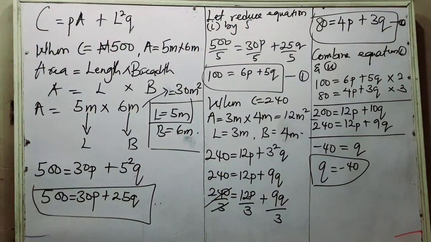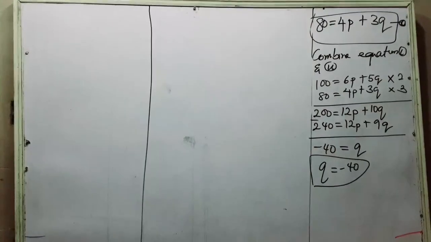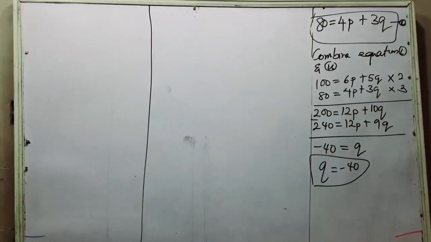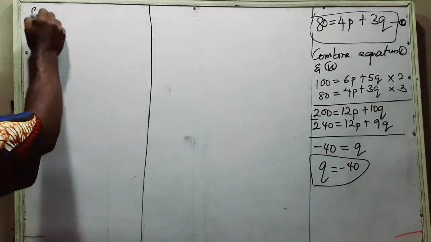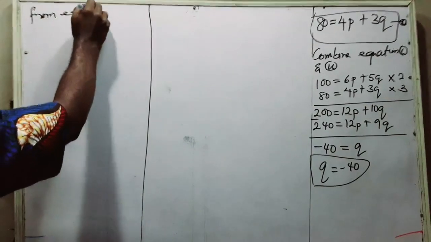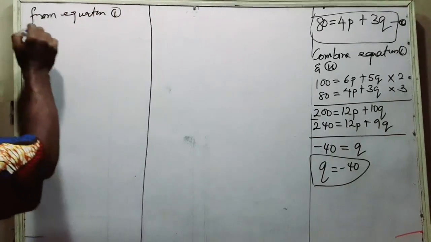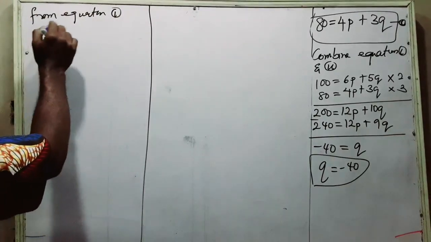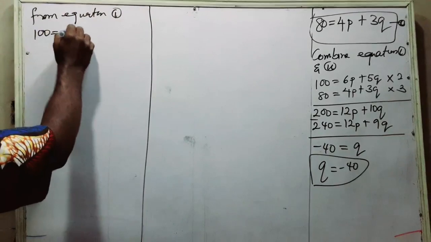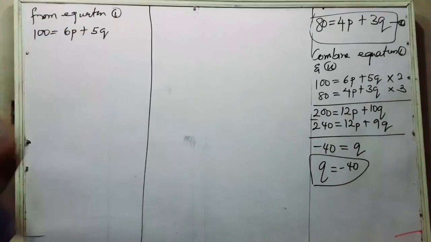So from here, let's now use it to find our p, the next constant. From equation 1, we have 100 is equal to 6p plus 5q.